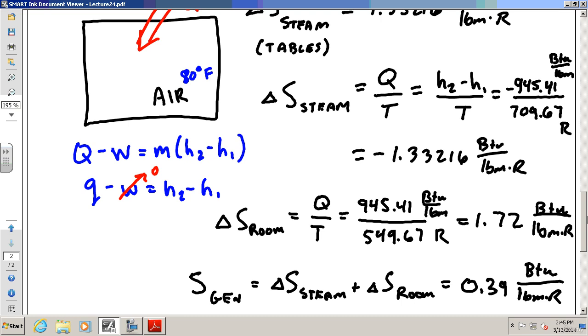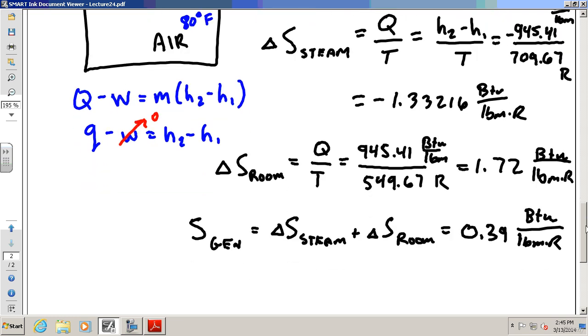You're going to generate less entropy with the lower temperature steam, because you're not having transfer from two temperatures that are really far apart. That's less reversible. So I challenge you to do the other one. I believe the other one will be an S-gen somewhere around 0.05. I'm roughly remembering something like that. So try it, see it.